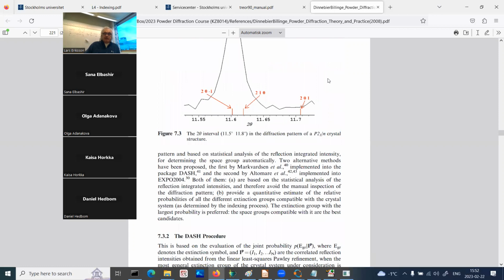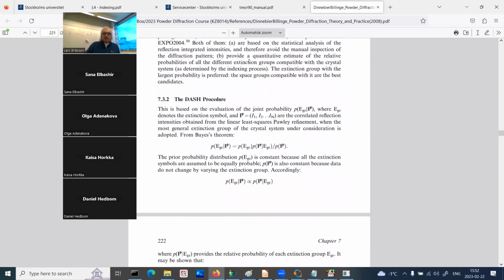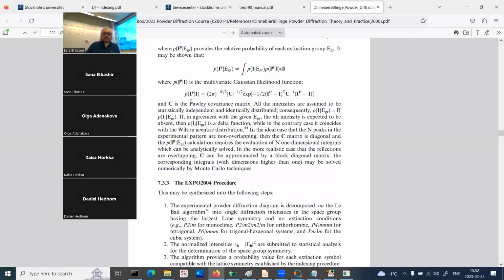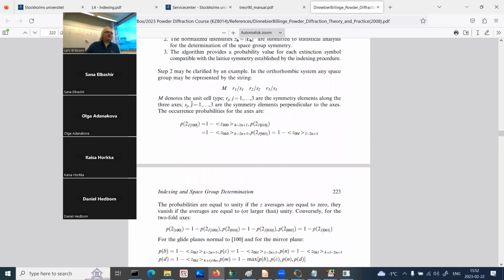Space group determination is perhaps difficult, I would say. Yeah, we have a look at that when we run next. No, Monday, maybe. Monday. We do tomorrow.